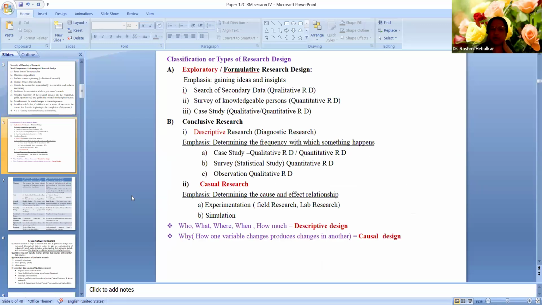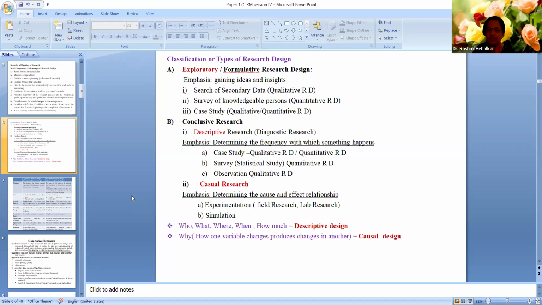Now we are talking about types of research design. Here we have two designs: exploratory or formulative research design. You may remember we have talked about this before in the first session. To explore means to go deeper and deeper.